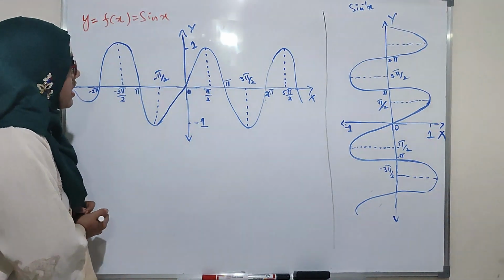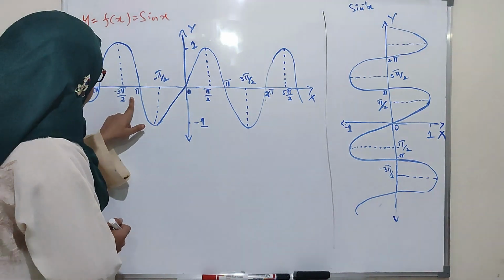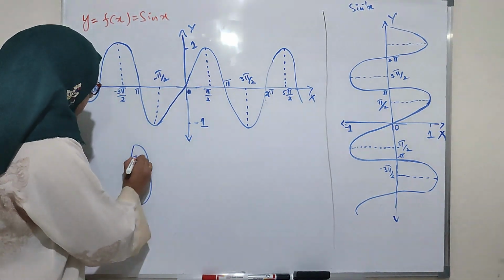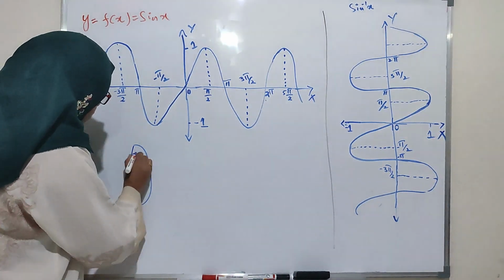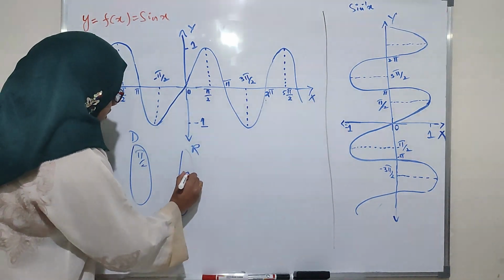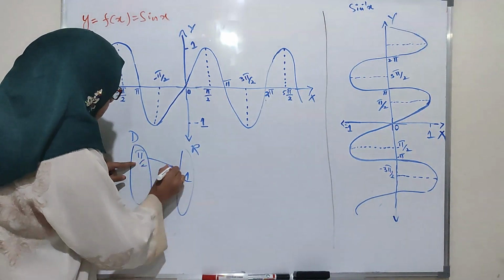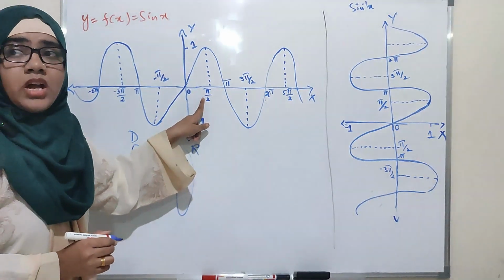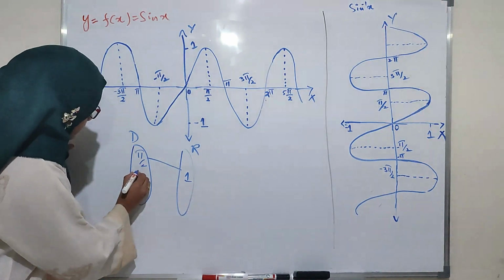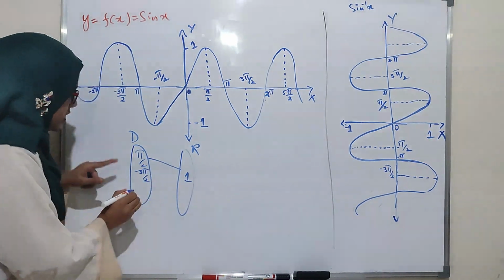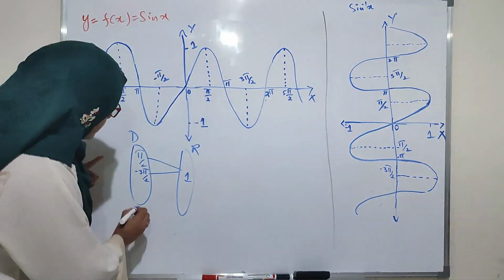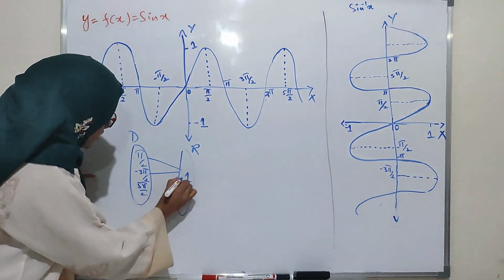See here, for 1, 1, for x value, domain is here. If you are taking pi by 2, sine pi by 2, suppose this is the domain and this one is the range, we are having +1 for pi by 2. Okay, and for -3 pi by 2 also we are having +1, and for plus pi by 2 we are having +1 value.